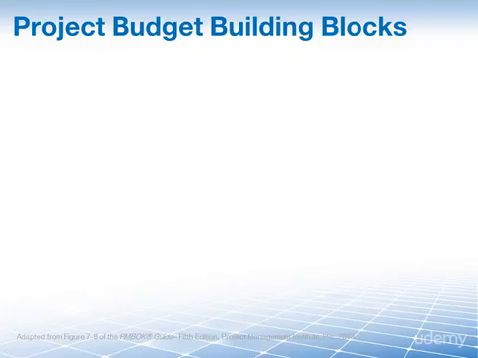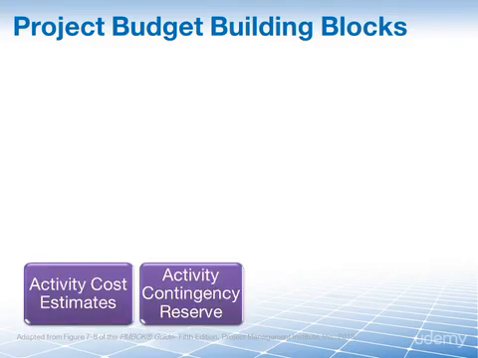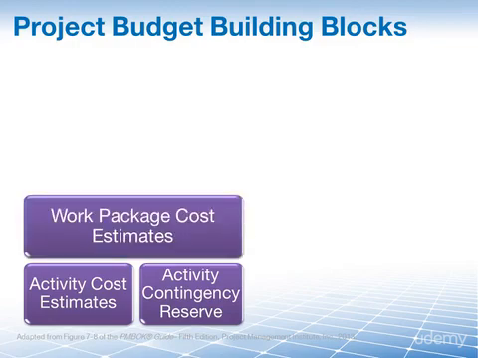Let's put all of the building blocks of your project budget together into a single view. Looking back on the inputs of the determine budget process, we had the activity cost estimates from the estimate cost process, which are added to the contingency reserves that are specific to each activity to then come up with the work package cost estimates.